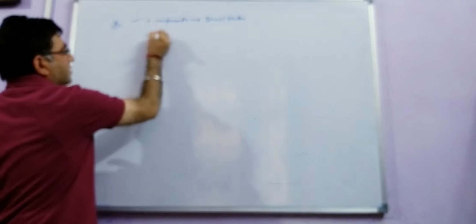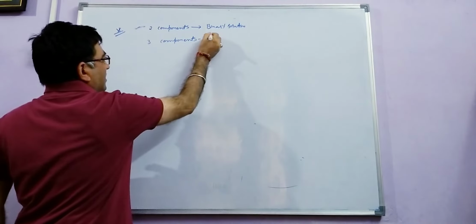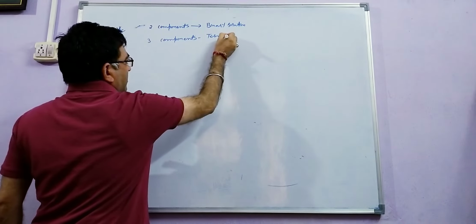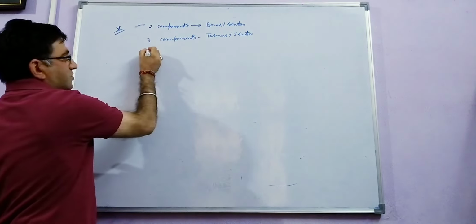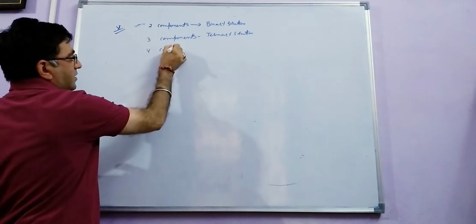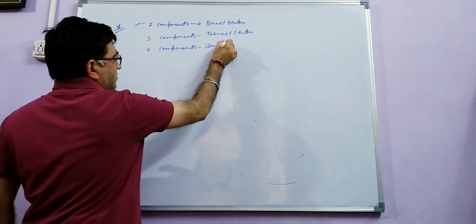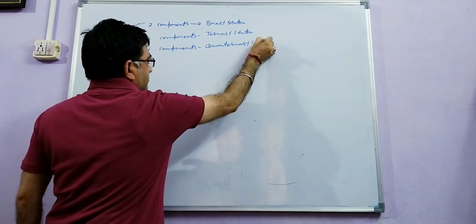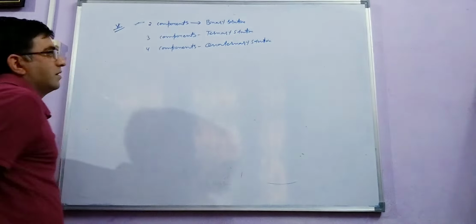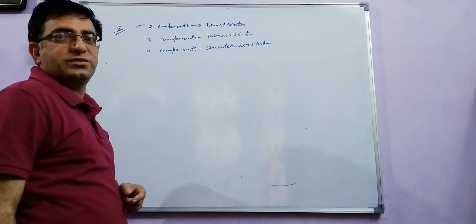A solution with three components is called a ternary solution, and a solution with four components is called a quaternary solution, and so on. But in this class we are going to study only binary solutions. Clear?